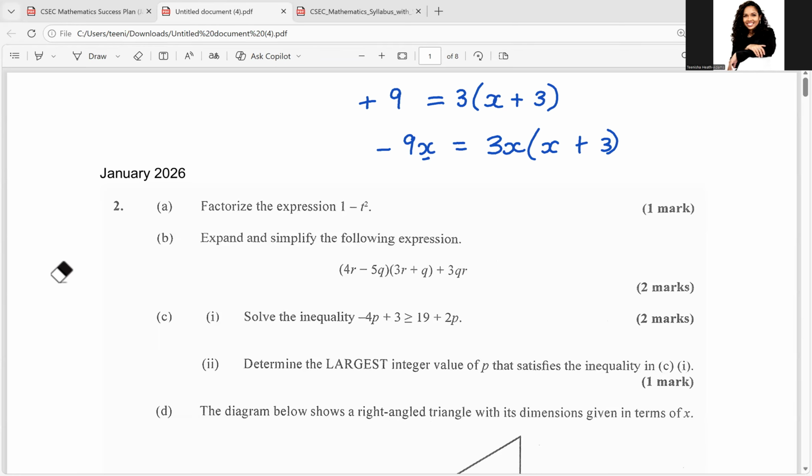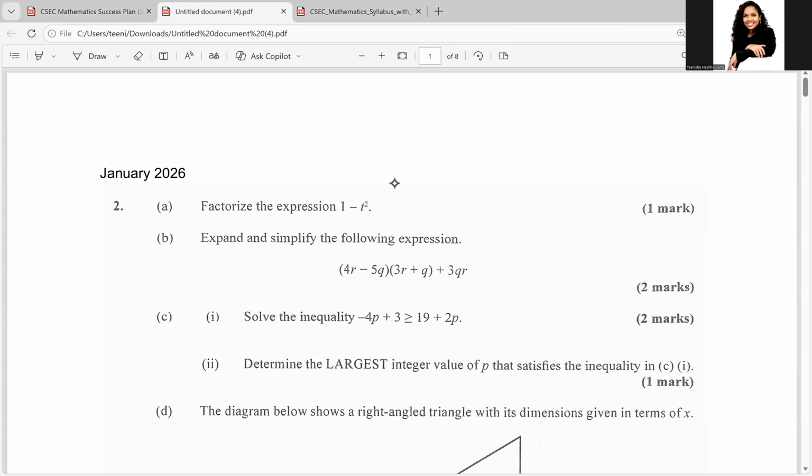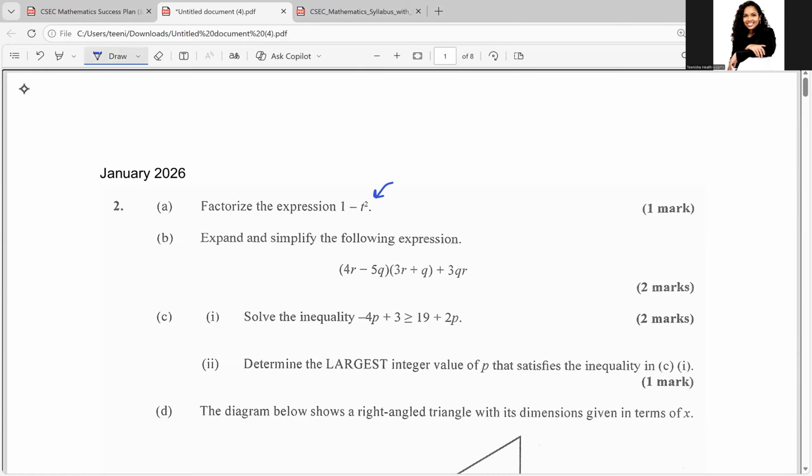Now, when you have this here, 1 take away t squared is something we call a difference of squares. So if you wrote this down, write a little asterisk by it, right? 1 plus 1 minus t squared. This is called a difference of squares. I want you all to make a note of that, right?